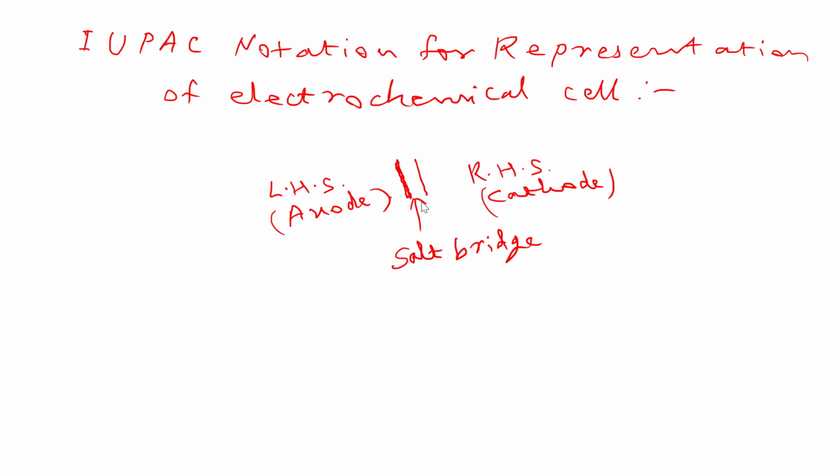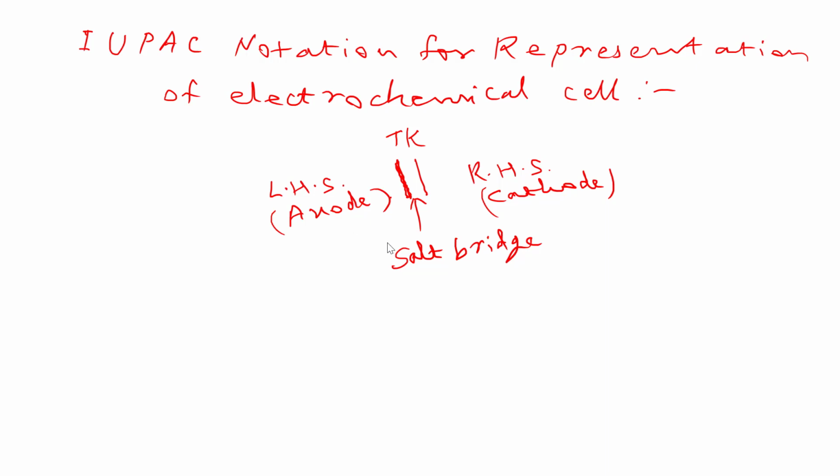First we draw two vertical parallel lines. These lines represent the salt bridge, and then on the left hand side we represent the anode part, and on the right hand side the cathode part, or cathode half cell. Sometimes the temperature may be mentioned at the top of these two lines. If we do not mention it, that is okay, but if we mention it, that is not wrong.